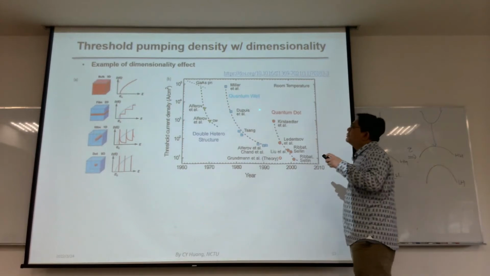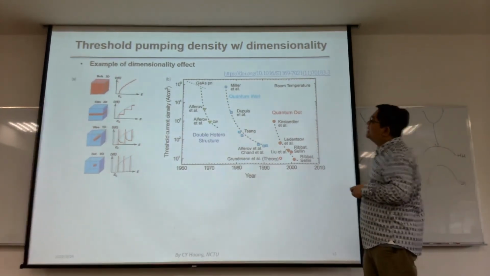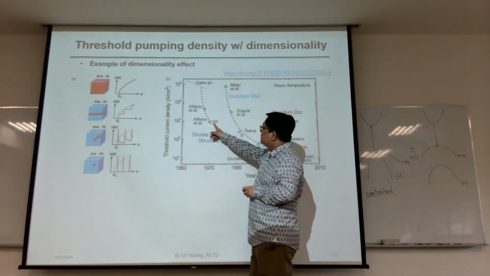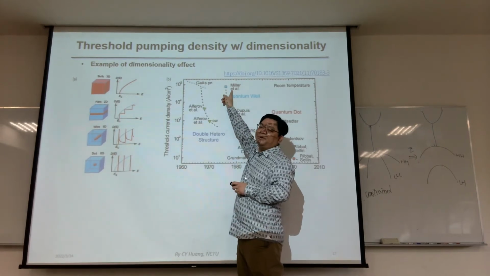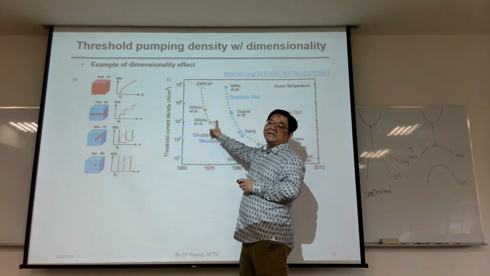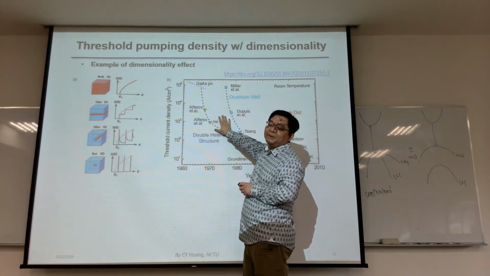Then we changed to the quantum well structure, the SCH structure. At the beginning, the result looks bad. It's disappointing. You even make a device worse than the previous publication.